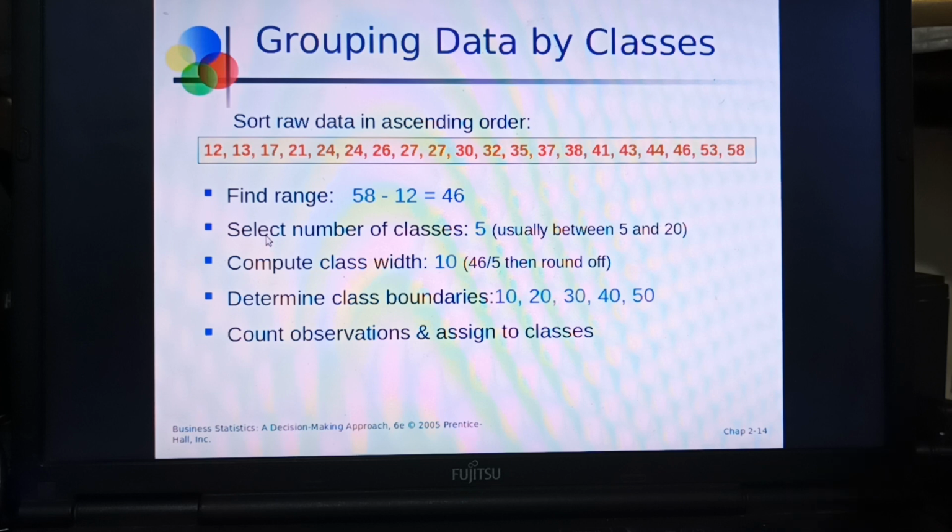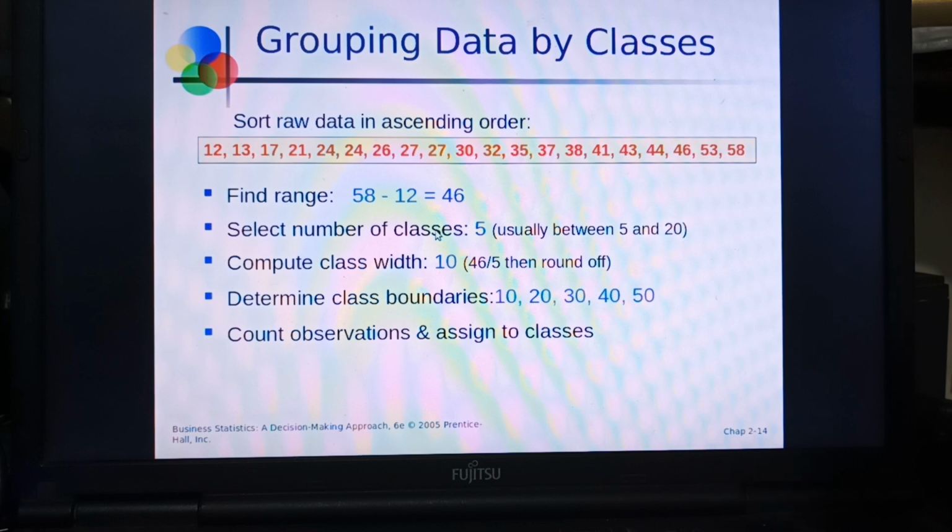Select number of classes. 5, usually between 5 and 20. Why 5? It depends on the researcher really, and his or her experiences.